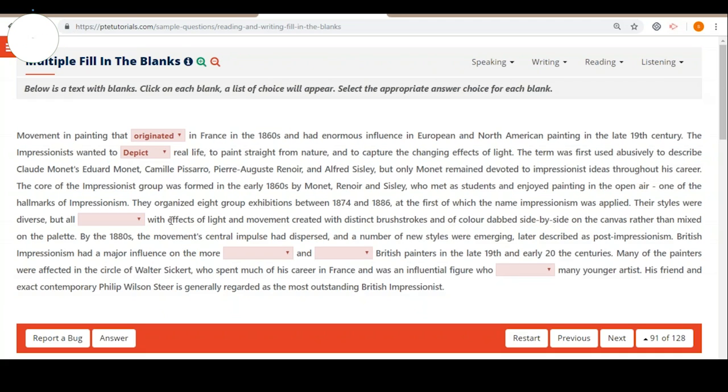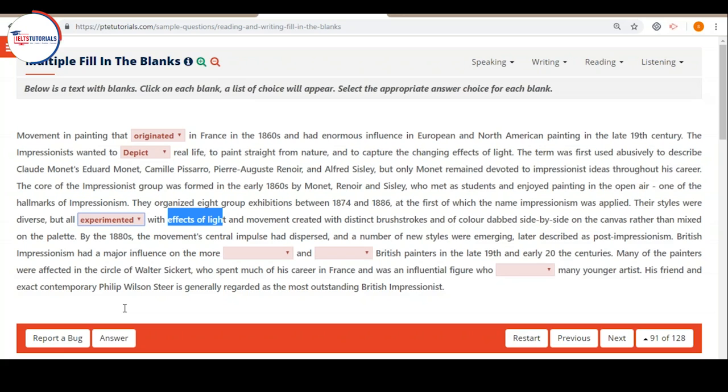We only start experimenting with the colors and brush strokes, with different colors dabbed side by side on the canvas rather than the palette. It means your own experiment. If you are confused, I said observed with, then let me read the next line.